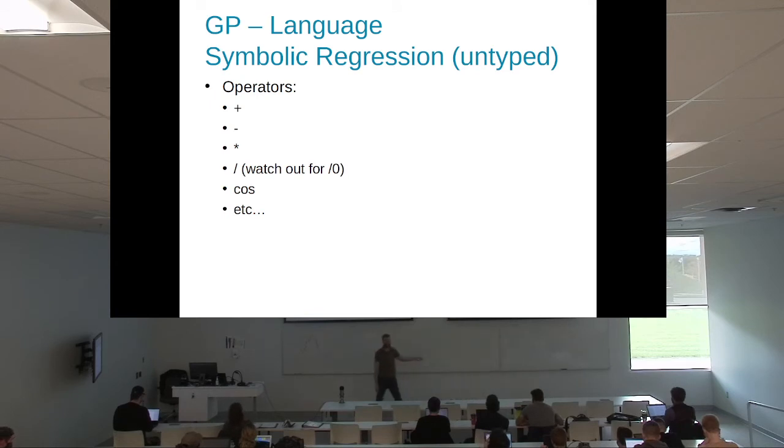Subtraction, multiplication, division. Although we have to be careful about division, we have to worry about divide by zero. We'll come to that. Then we also have things like cos, maybe other trig things, ln, e, powers of, that take one value and return one value. But we can have these operators that work on numbers.